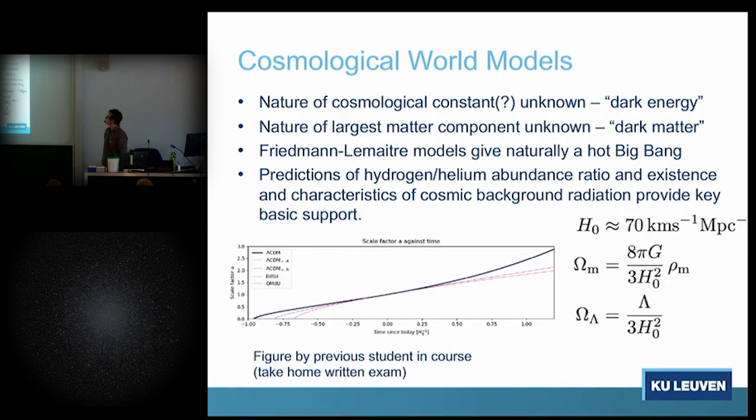But then again, in order to interpret the cosmological observations, we have introduced additional components of dark matter, and the evidence comes from many different sources, and that will be a big portion of the course.